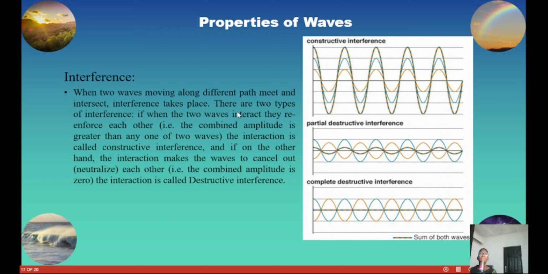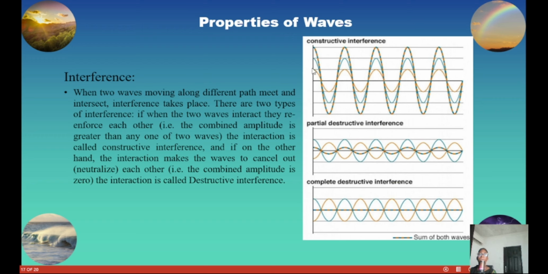If when the two waves interact they reinforce each other, that is, the combined amplitude is greater than any one of the two waves, the interaction is called constructive interference. What that means is, maybe when this wave was coming it had 5 meters of amplitude and the other one had 2, and when the two of them combined, it became 7. So that is constructive interference.